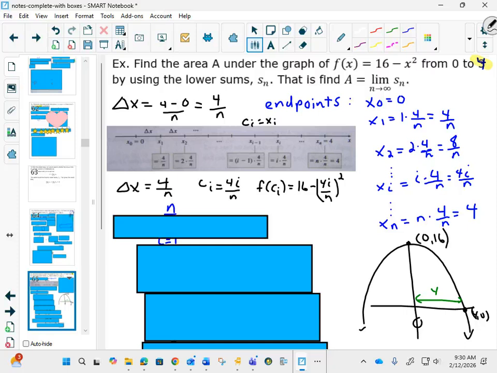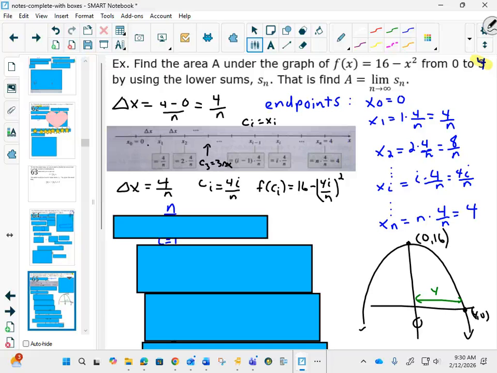And if I wanted to find c3, does it make sense that c3 would equal 1, 2, 3 changes of x? Because you've moved 3 changes of x to the right of 0. That shows up when I do ci. It's going to be i changes of x.